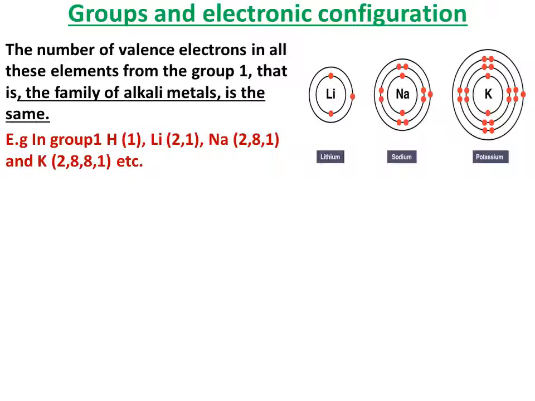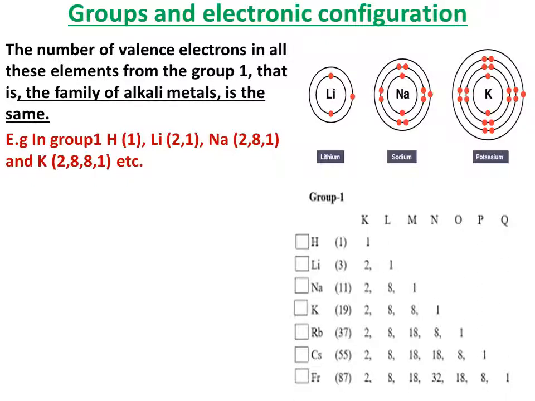There is one electron in the outermost shell of these elements, and an increasing number of shells is also observed in these diagrams. Group 1 has hydrogen, lithium, sodium, potassium, rubidium. These are the elements in group 1.